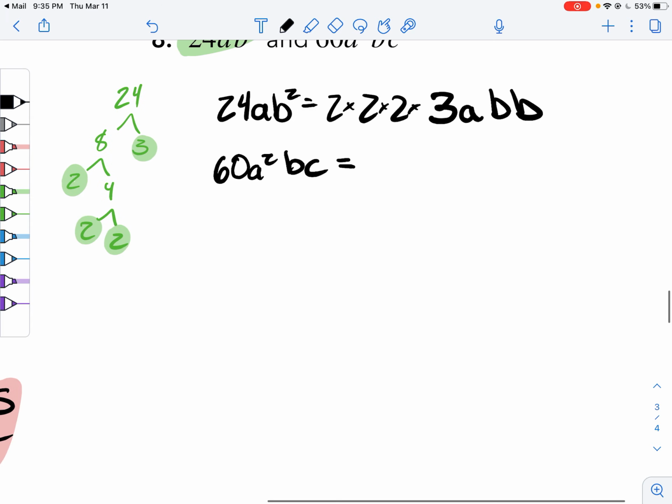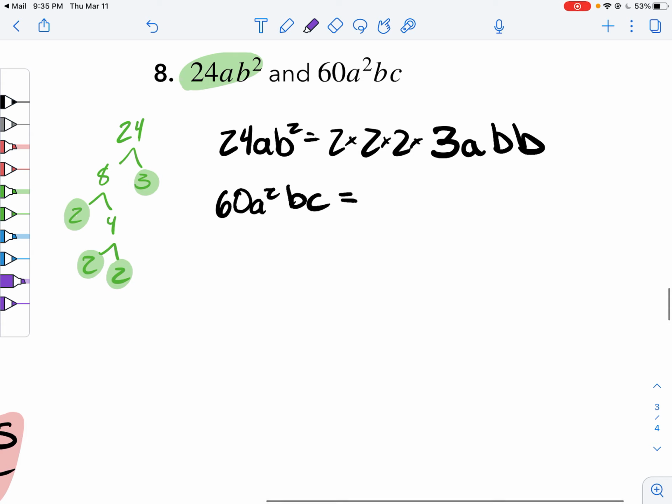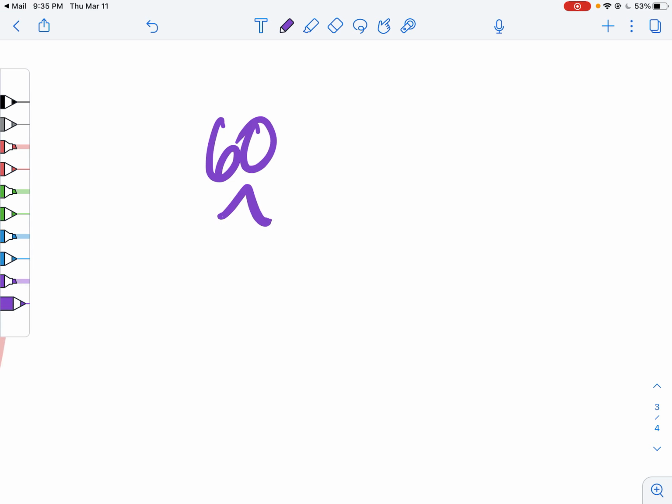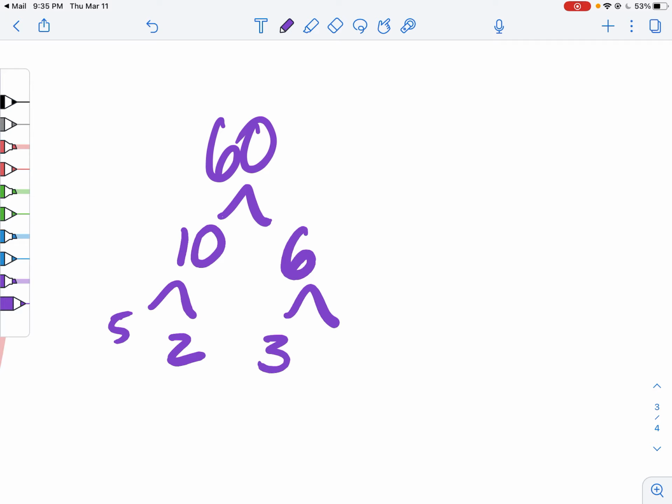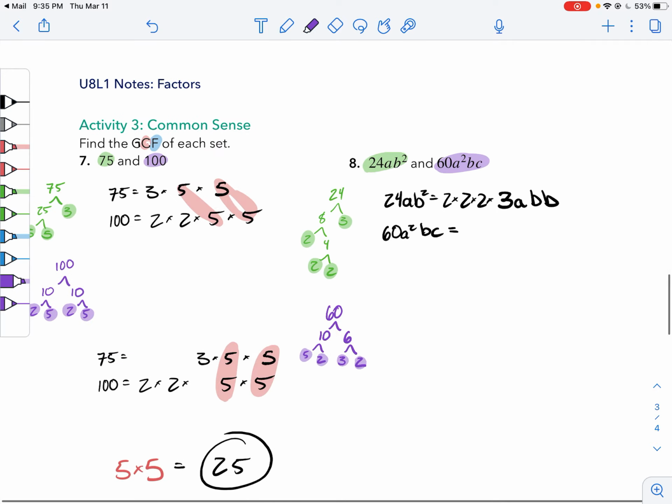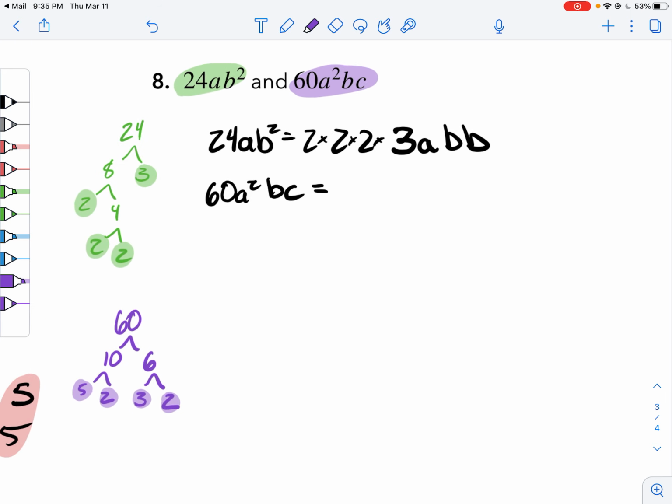We need to prime factor 60 real quick, so I'll go ahead and do that. When I see 60, or any number ending in 0, I think 10. So I do 10 times 6. 10 is 5 times 2. 6 is 3 times 2, so those two have a 2 in common, which is great.